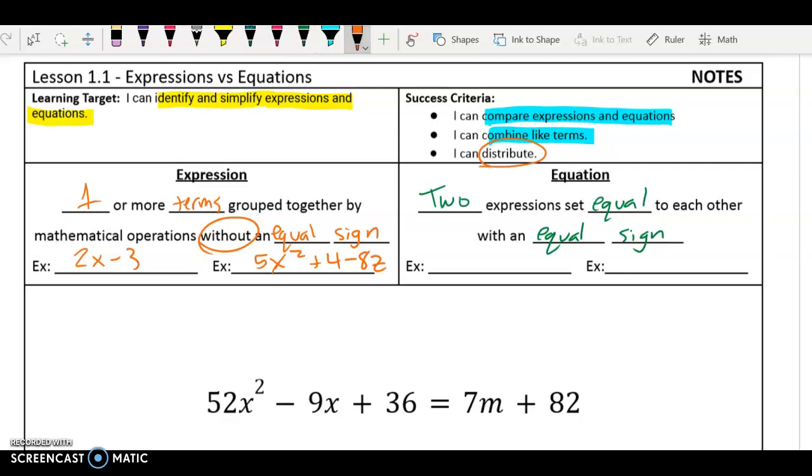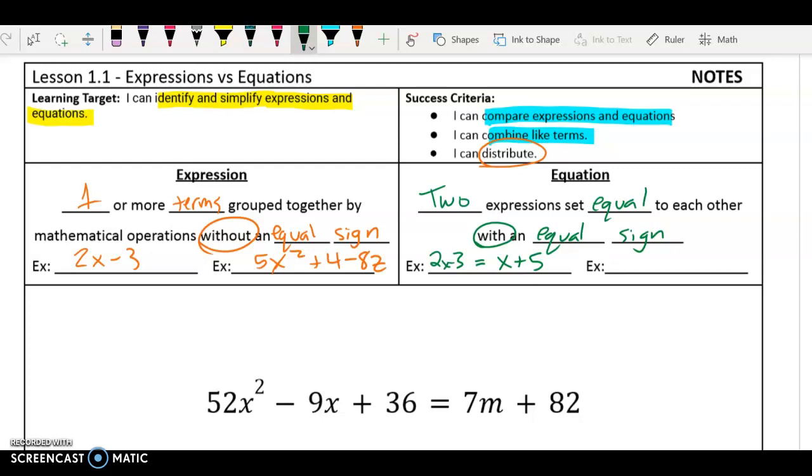And once again, you may want to circle "with", because it's with an equal sign as opposed to an expression without. So if I have an expression, 2x minus 3, and I put an equal sign and put another expression, x plus 5, then that is an equation, an expression equal to another expression. Okay?